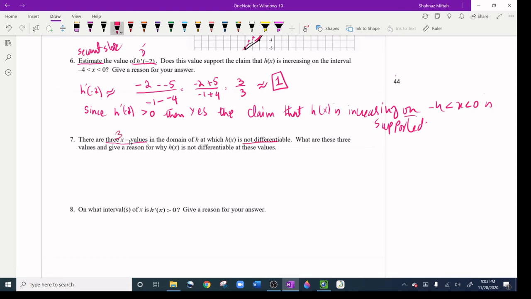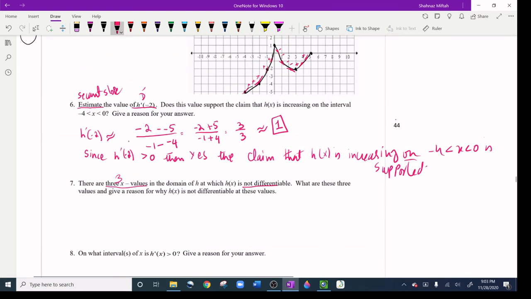So we know non-differentiability happens when there's a cusp, or when it is not continuous, or when we make more than one tangent line at that point. So I'm going to say x equals 0 has a cusp. So I know it's not differentiable.